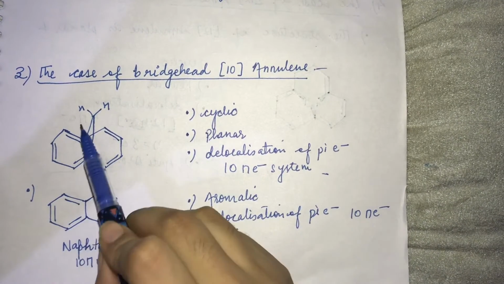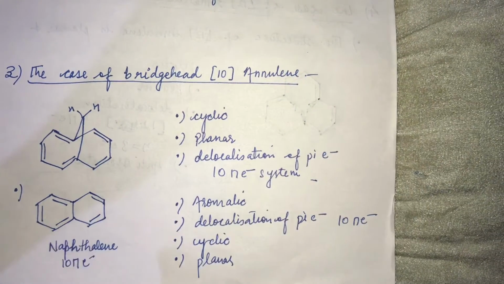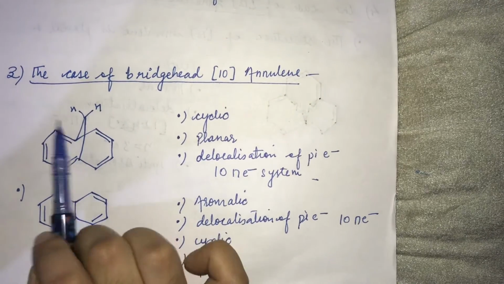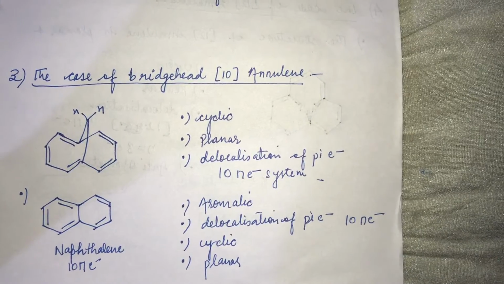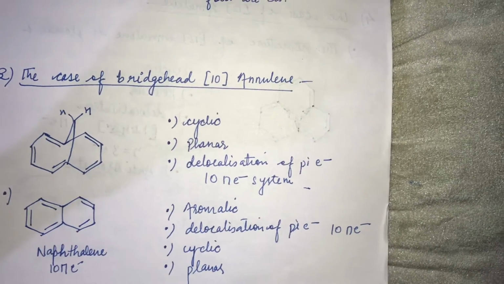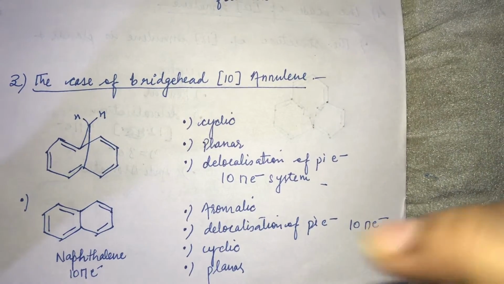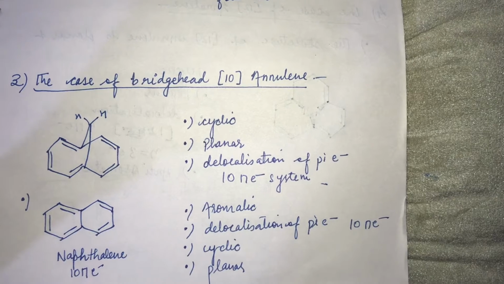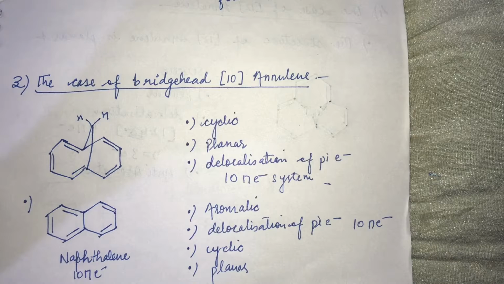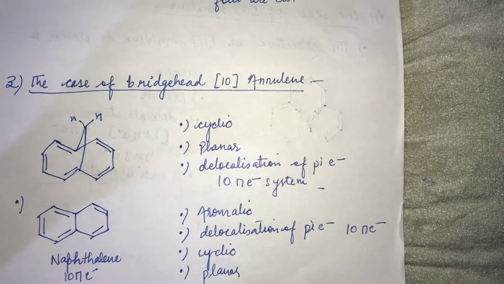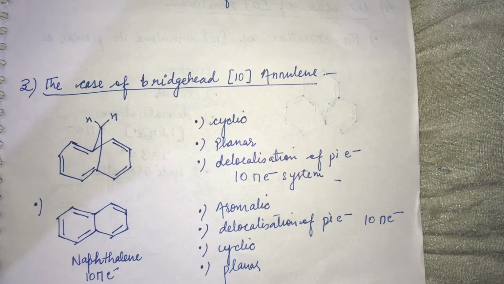If two hydrogens of 10-annulene are replaced by a methylene bridge, these are the trans hydrogens in the 10-annulene we were talking about, which were causing the angular strain, then the strain can be overcome and the molecule acquires a flat geometry. Let us consider the 9,10-methano-10-annulene.